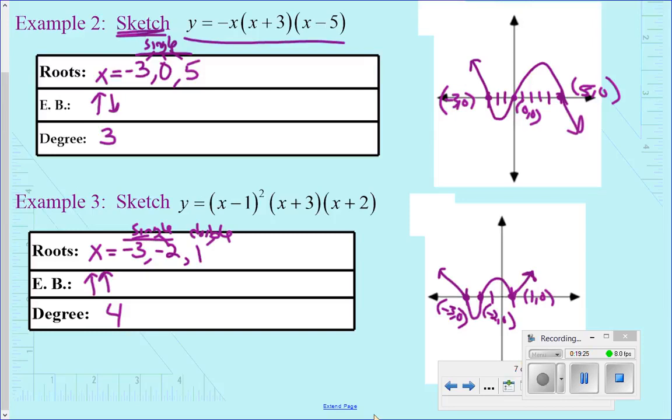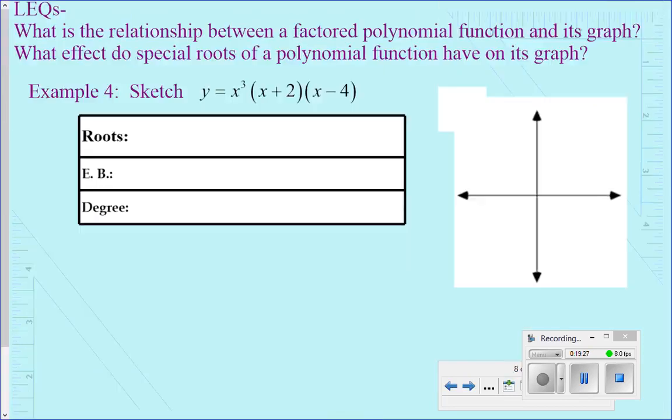Okay. And the last example for today. So I can see degree is 5. And behavior. So I know up, down, or down, up. I see no negative sign in the front. So down, up. Roots.